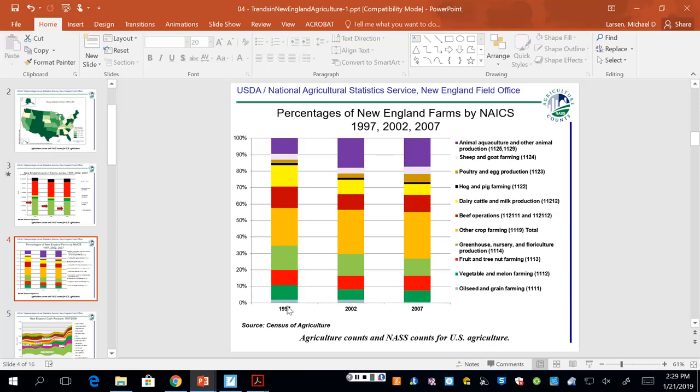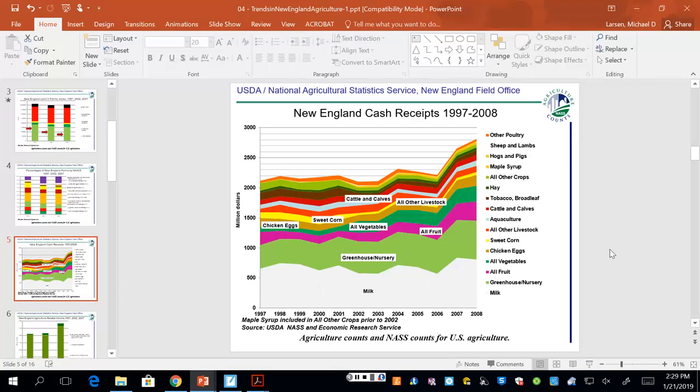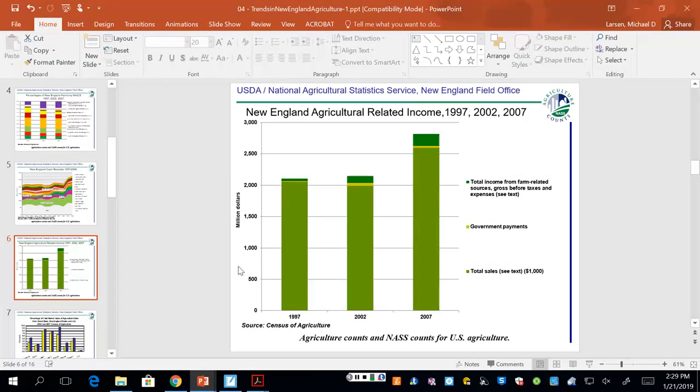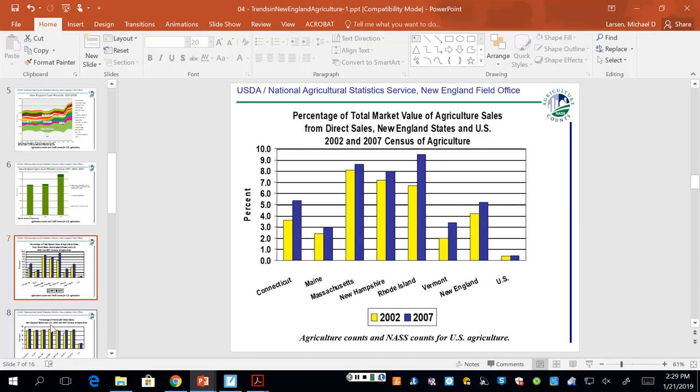Oilseed and grain farming seems to be shrinking, almost out of existence. But in any case, it gives the total percentages right there. Cash receipts, these are dollar values, right? Price of milk, and amount of milk, and so on. A few of these others are kind of the same thing. They're quantitative ones split.